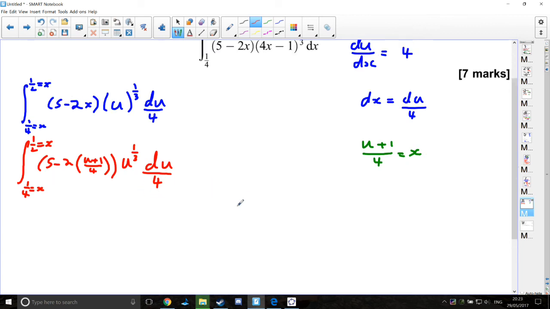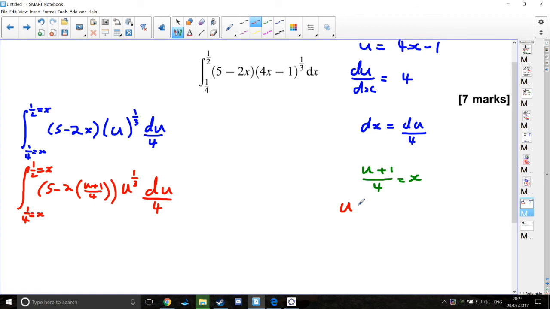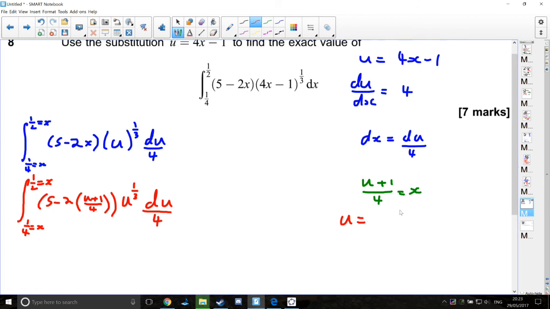So in terms of x limits, what I'm going to do is sub a quarter and a half into this here to get some new limits. So u equals 4 times a half is 2, so 2 take away 1 is 1, and u equals, if I put a quarter into that, it's 1 minus 1, which is 0.